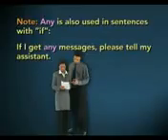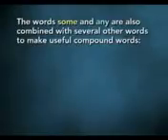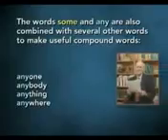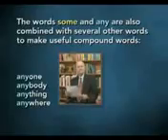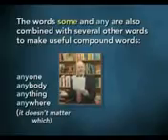All right. The words some and any are also combined with several other words, just to make it more complicated. Actually, they make useful compound words. Compound means put together. So look at these compounds. Anyone, anybody, anything, anywhere. What's the meaning? It doesn't matter which. Anyone.